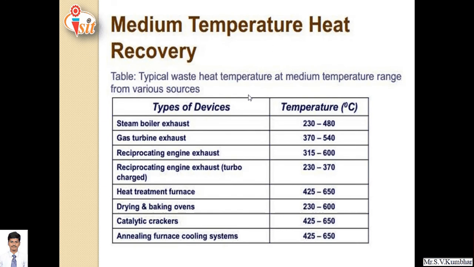Medium temperature heat recovery is generally obtained from steam boiler exhaust, gas turbine exhaust, reciprocating engine exhaust that is turbocharged, heat treatment furnaces, drying or baking ovens, catalytic crackers, and annealing furnaces. The temperature region given here is 230 to 650, that is medium temperature heat recovery.